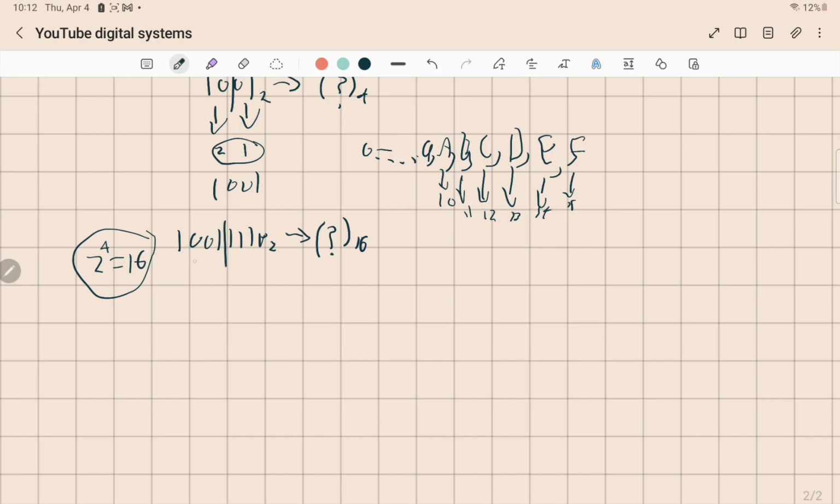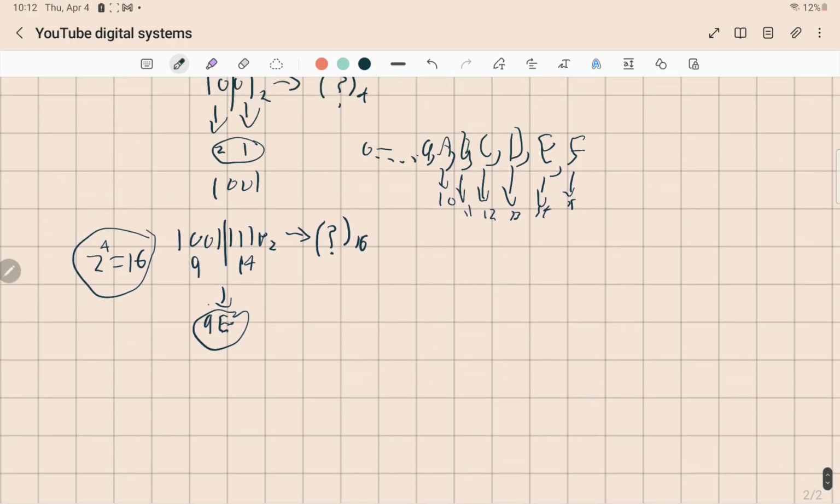So 1001 becomes 9, and 1110 becomes 14. So the answer is 914. Oh, but 14 in hexadecimal, which is base 16, is E. So the answer is 9E.